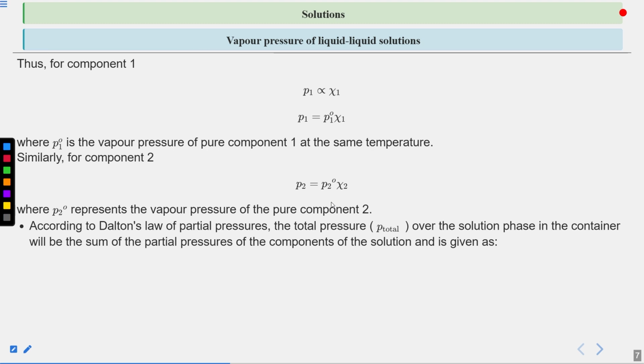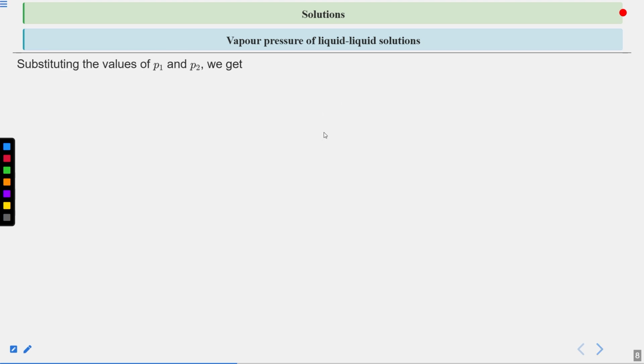We can say the same thing for P1 and P2, since only 1 and 2 are present here. Therefore, P total can be written as P1 plus P2, where P1 and P2 are the partial pressures of components 1 and 2 in the given solution.